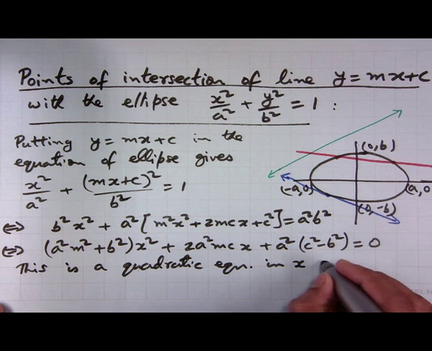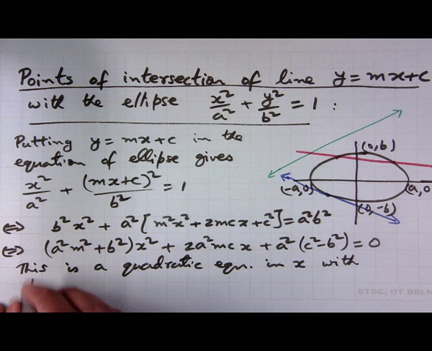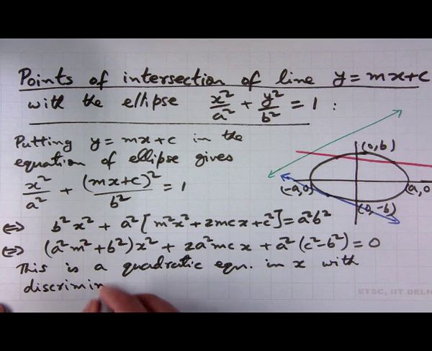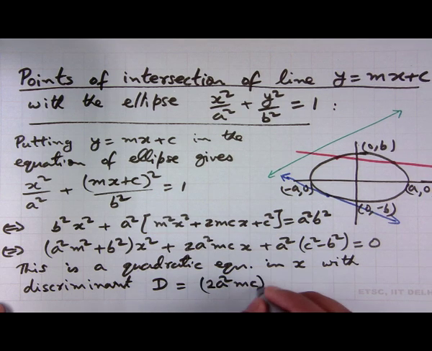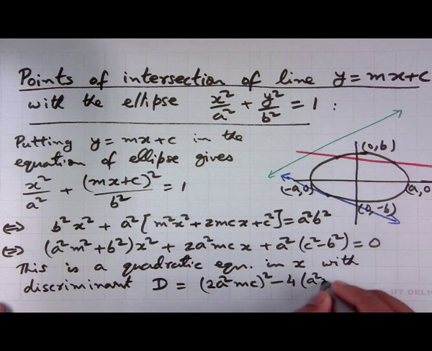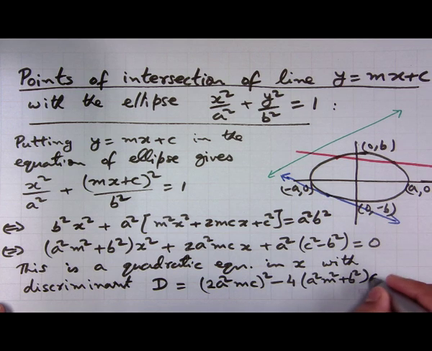and its discriminant D is equal to b square minus 4 a c, that is 2 a square m c whole square minus 4 times a square m square plus b square times a square times c square minus b square.